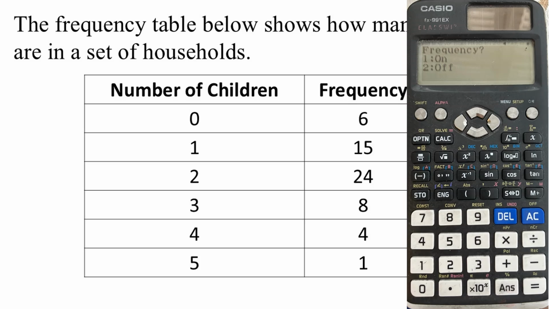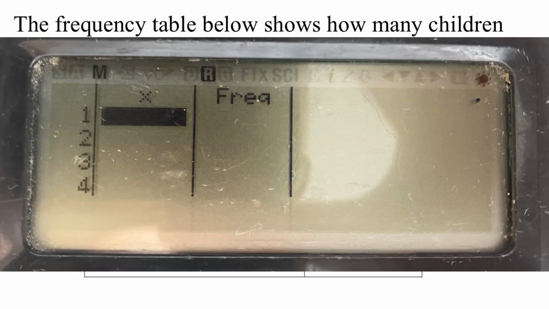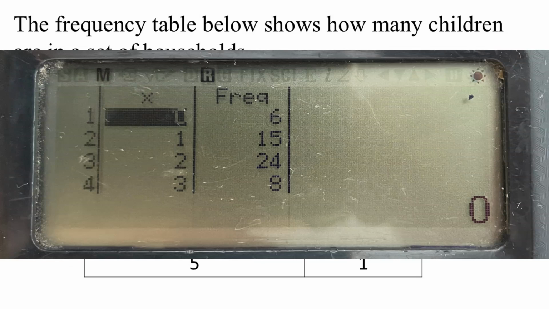Press 1 to turn it on, and then do the same thing as we did before where we press menu, setup, press 6 for statistics, 1 for one variable, and now the screen will look like this instead. This is now a frequency table where you can enter the data for this question, and using the exact same process as before, it can give out values like the mean and standard deviation.